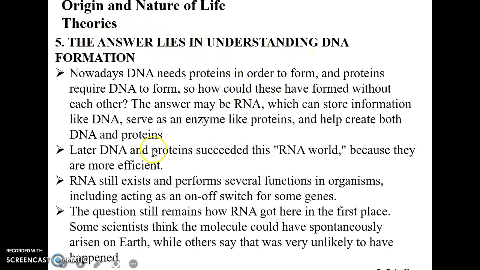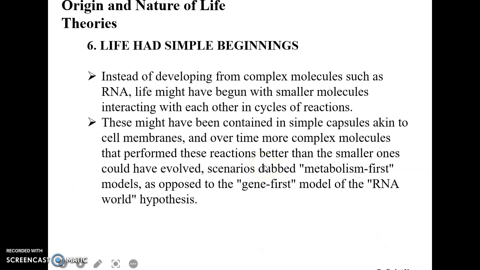Later, DNA and protein succeeded this RNA world because they are more efficient. RNA still exists and performs several functions in organisms, but as DNA is more precise and more accurate in its function, DNA basically took over charge from the RNA world.